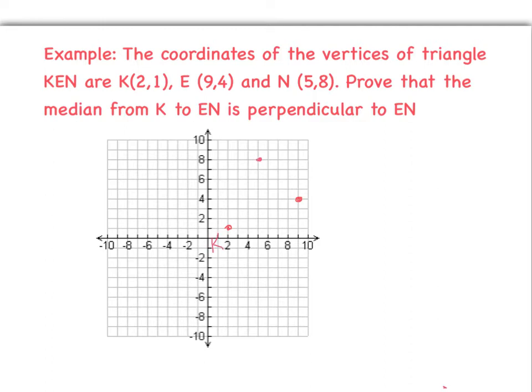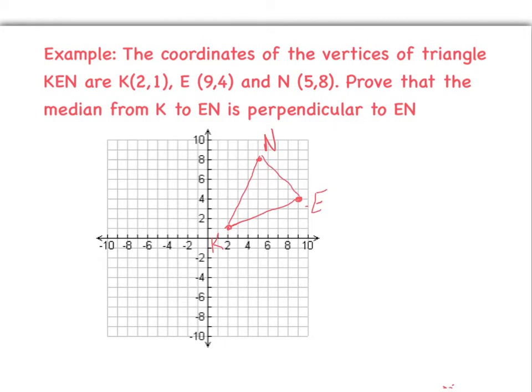Okay, so we'll label that K, E, and N. And because it is a triangle, we are going to connect those vertices. Now, if I was doing this not on the app, I would be using a ruler. So we have our triangle.